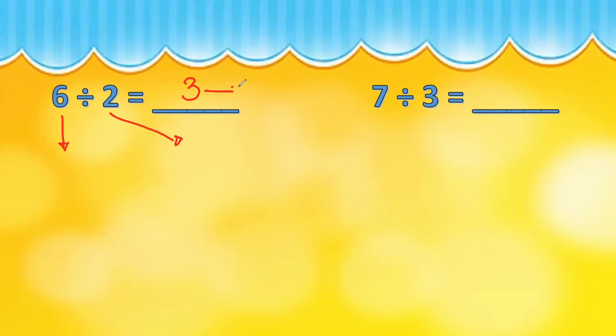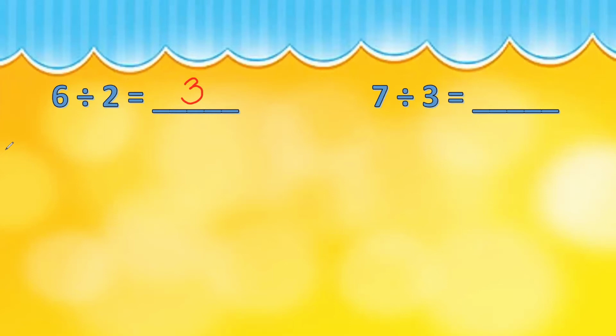And what is this? 6 is what we call the dividend, or the number that we divide. 2 is what we call the divisor, or the number we divide by. And 3 is what we call the quotient, which is the answer in a division problem.